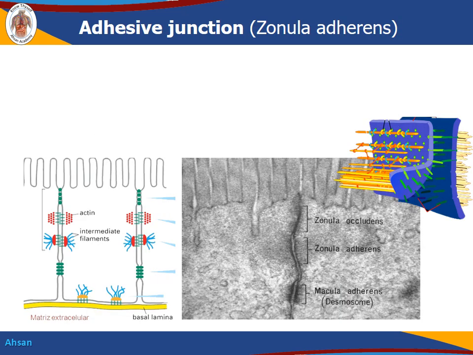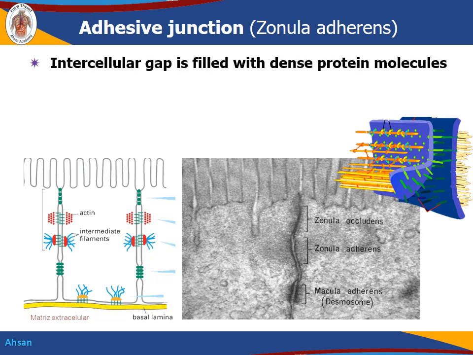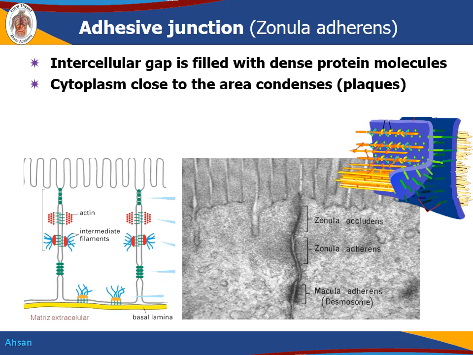Adhesive junction or zonula adherens. The intercellular gap is filled up with dense protein molecules, and this becomes darker in the electron microscope. The cytoplasm close to this area is condensed, and this area is known as plaque.